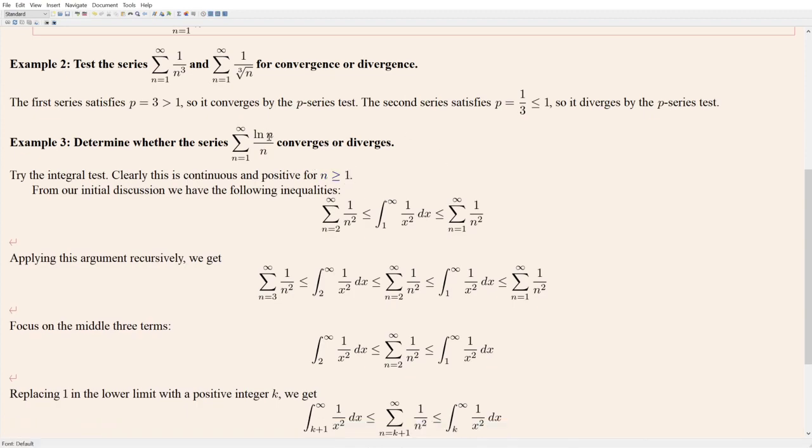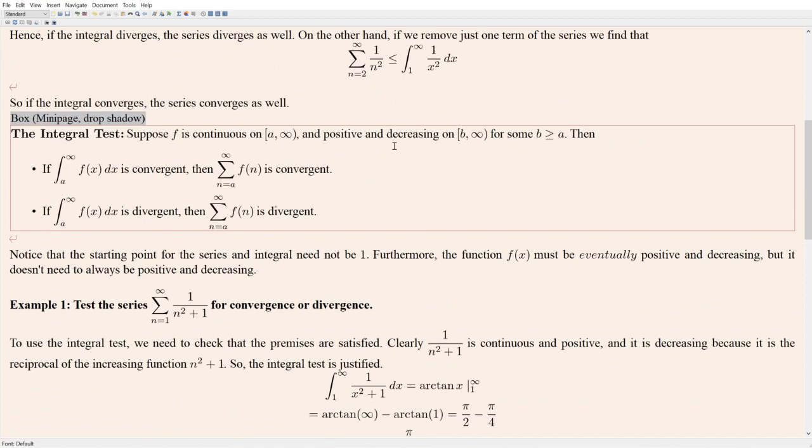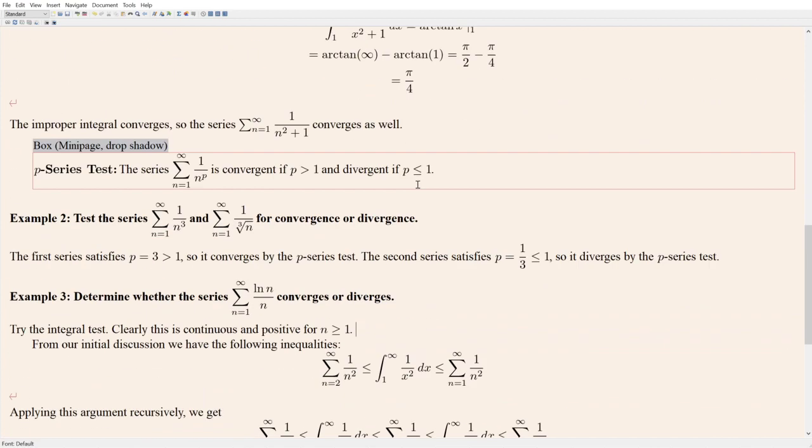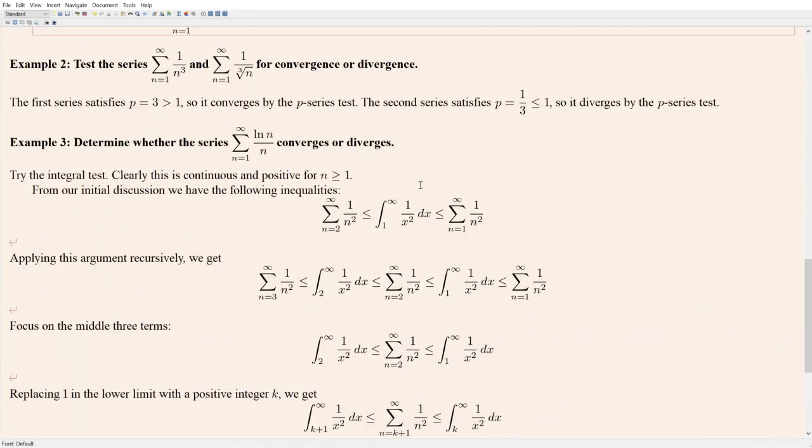Is this decreasing, though? Right, because that's the other premise. It needs to be eventually decreasing. That's not as obvious to me. So, to check whether this is decreasing or not, we can take the first derivative and then show that the first derivative is negative.